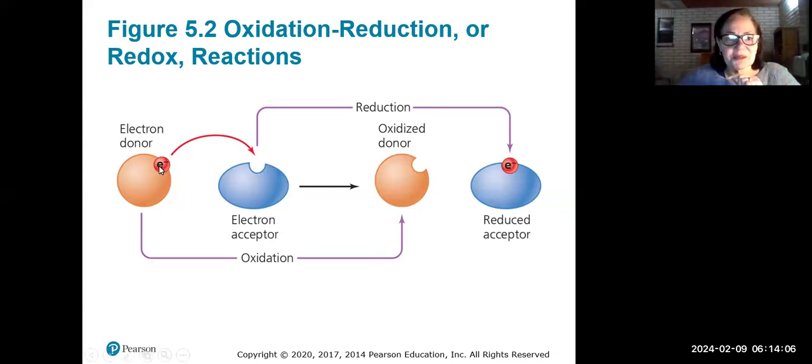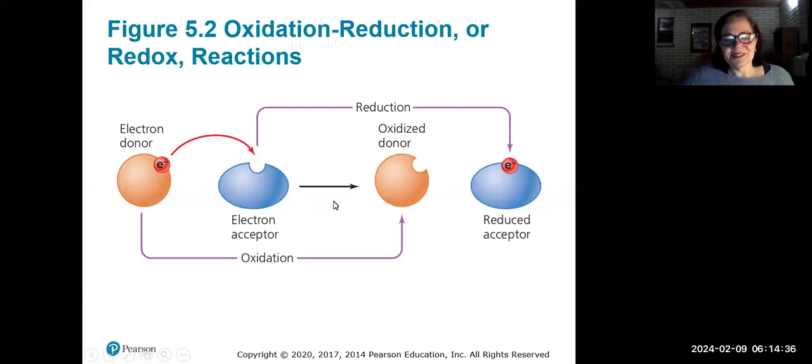If you can remember that the electrical charge on an electron is negative, then the overall charge on the electron acceptor is going to go down, so we say the acceptor gets reduced. What's confusing is that it's gaining an electron, but its electric charge is becoming more negative. That's where the term reduction comes from.